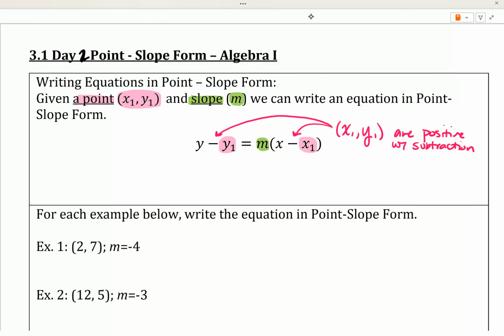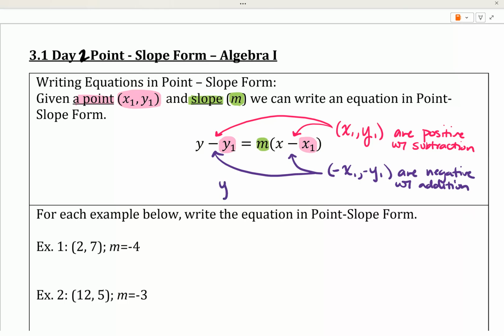If we see that they are with plus signs, then x1 and y1 are negative. So meaning y plus y1 equals m parentheses x plus x1.